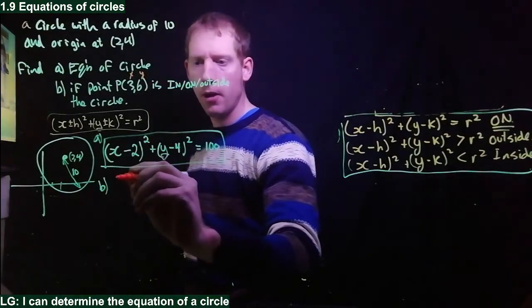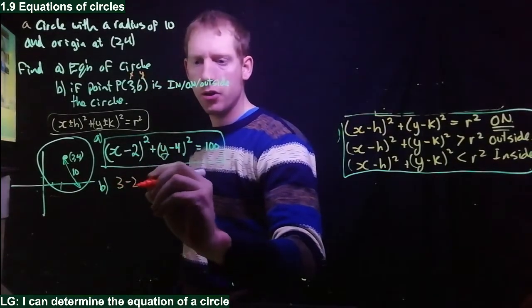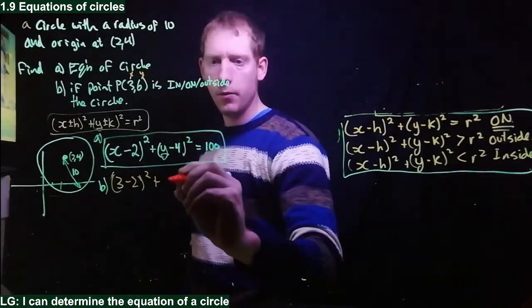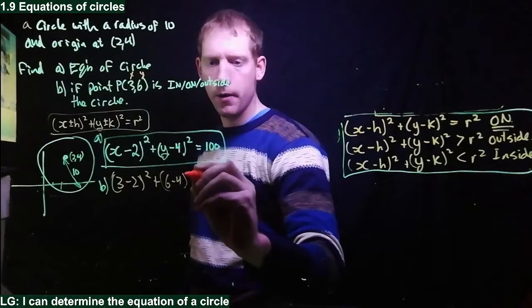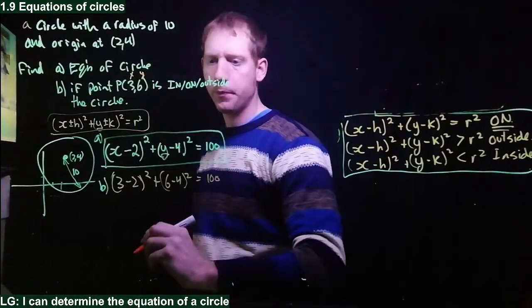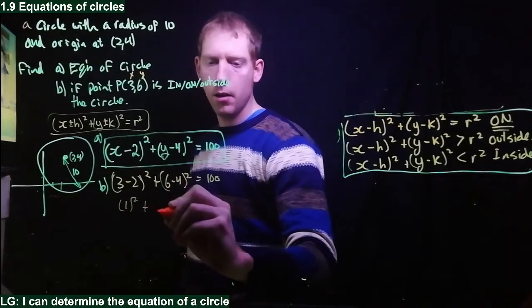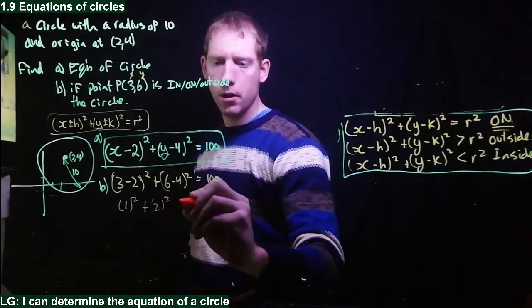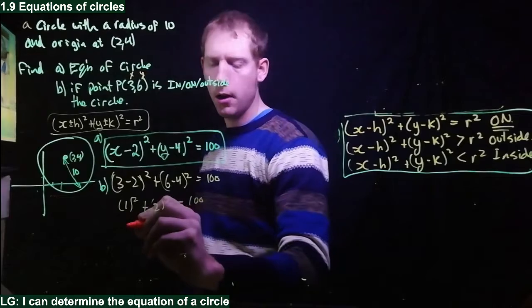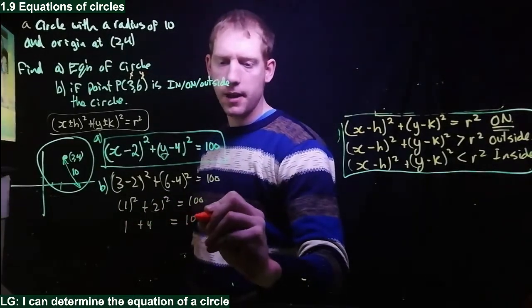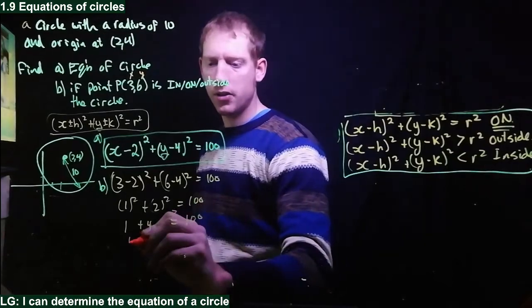So I'm going to have (3 minus 2) squared plus (6 minus 4) squared, compared to 100. So we're going to have 1 plus 2 squared. It's 1 plus 4. So this is 5.